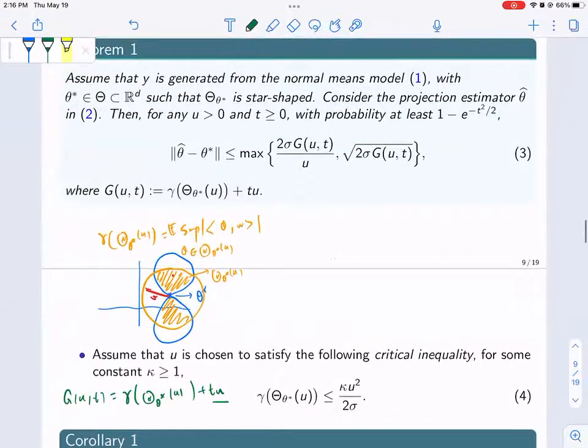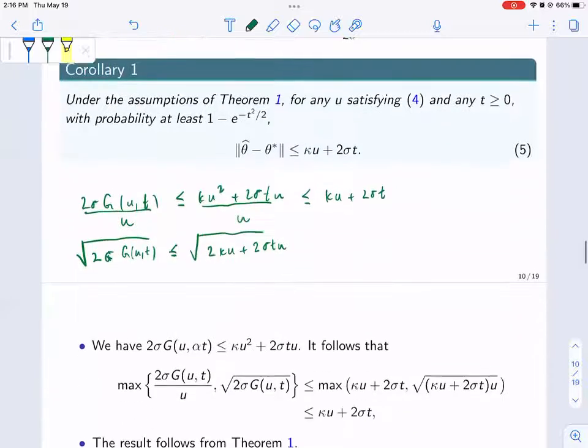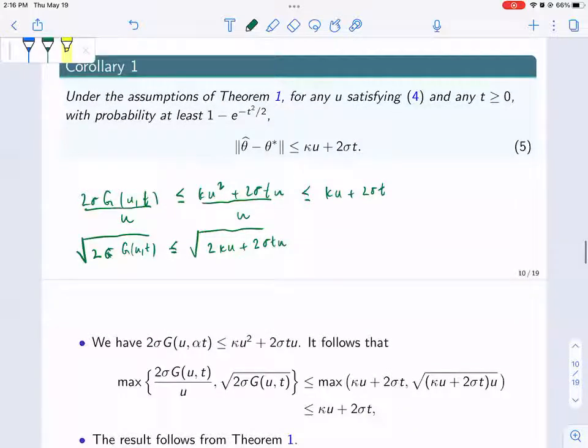There's an extra u missing here. I want to argue that the second term is bounded by this. Why is that? Yeah, sorry, that's true. So this is the top.